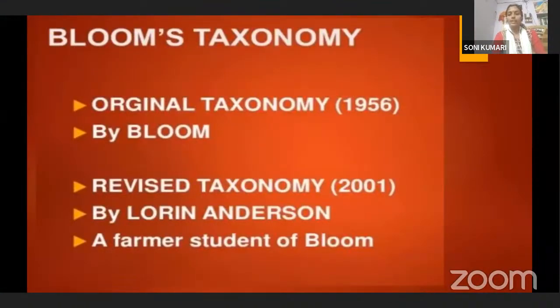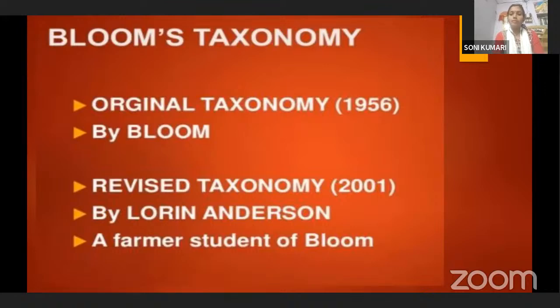Now, I have the next slide about Bloom's taxonomy. To know it very well, we can say that Bloom's taxonomy was developed in two periods. The first period is called the original taxonomy, developed by Benjamin Bloom in 1956, and it was enhanced in 2001.